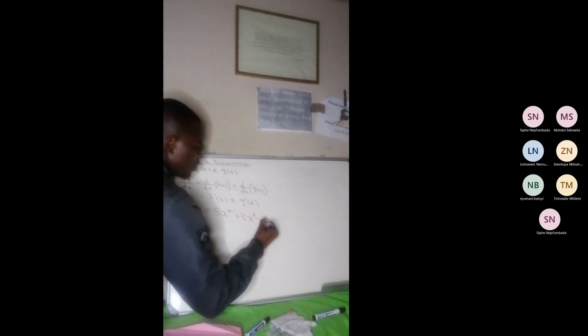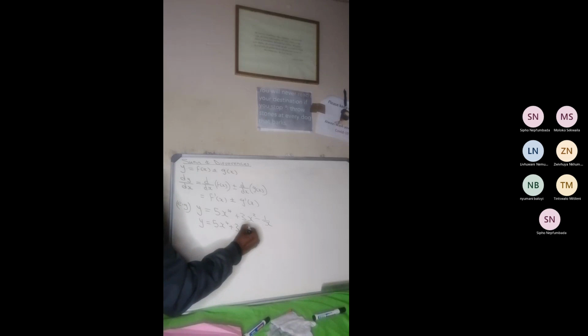E.g., let's say we've got an equation which says y is equal to 5x to the exponent of 4 plus 3x squared minus 1 over x. Are we fine with that? Is it visible?